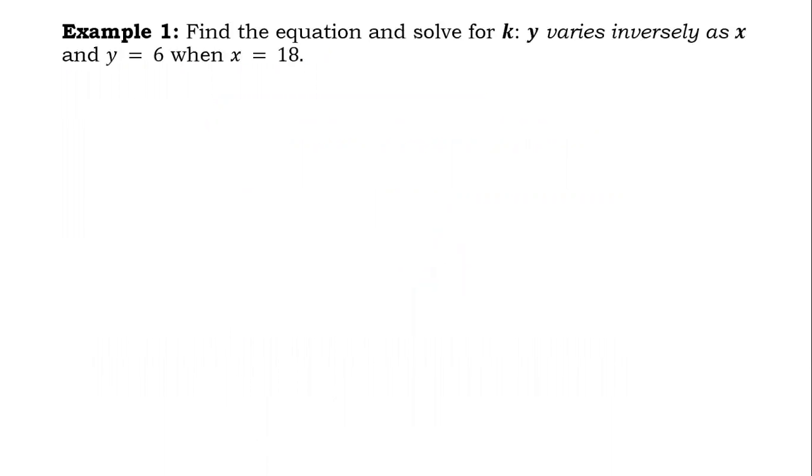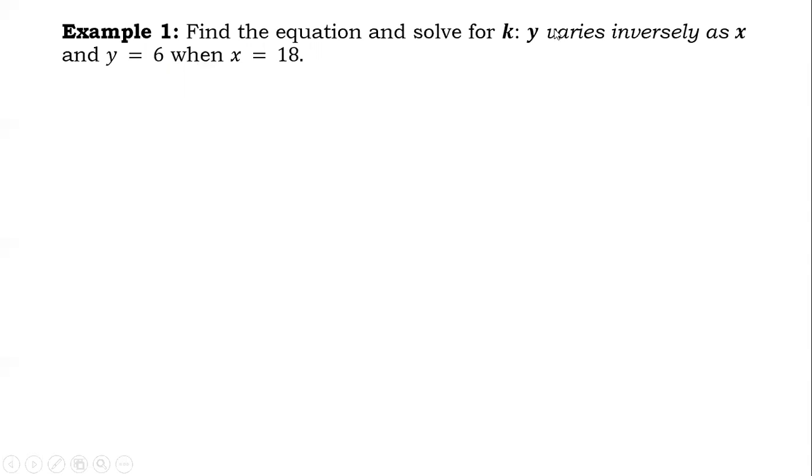For example, we need to find the equation and solve for k. y varies inversely as x, and y is equal to 6 when x is equal to 18.